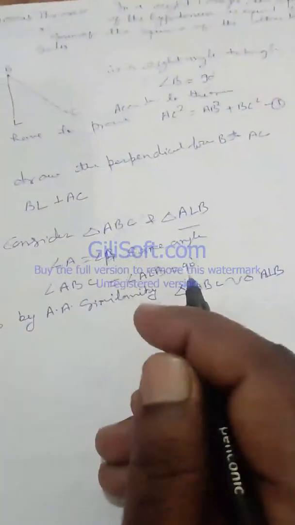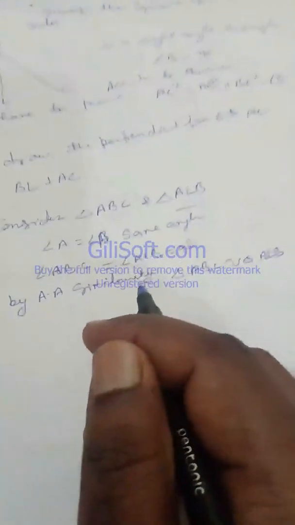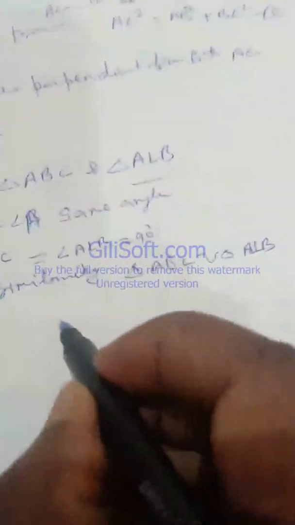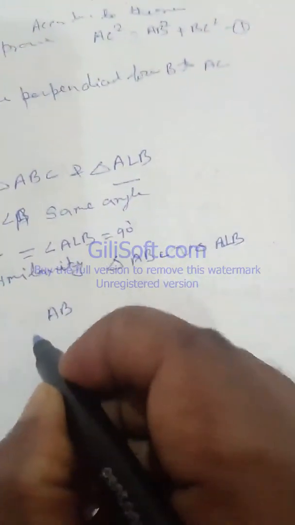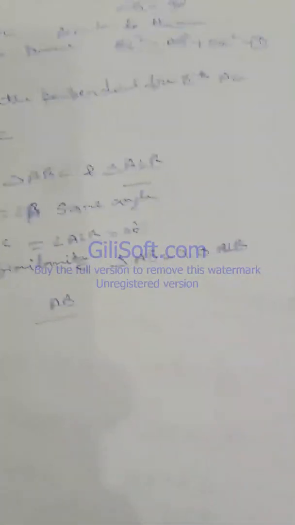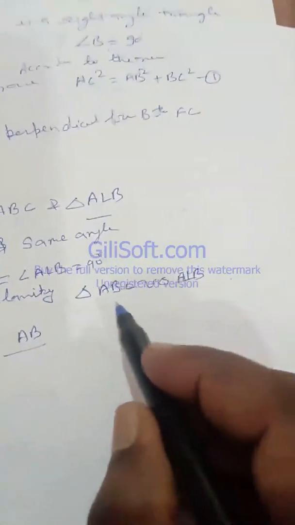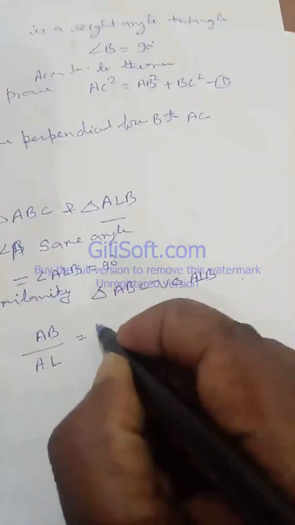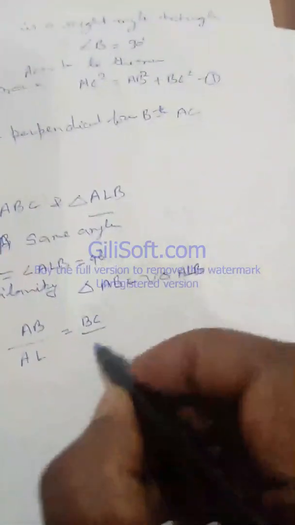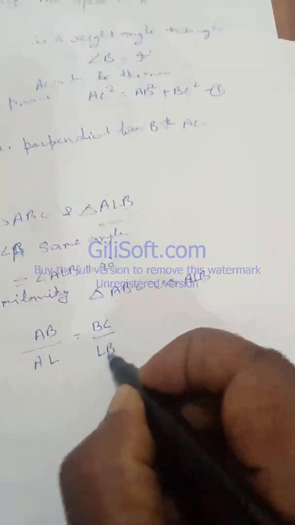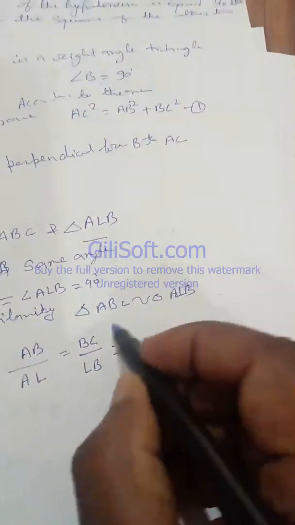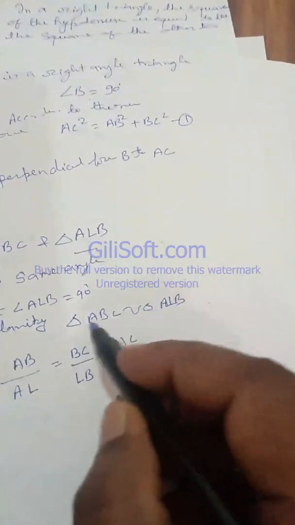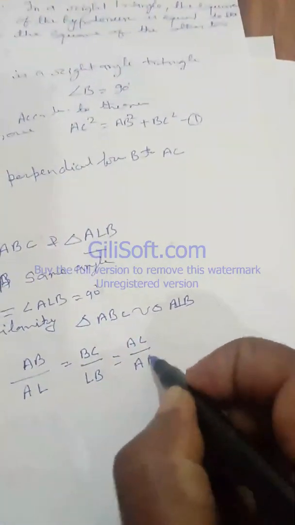Since the two triangles are similar, their corresponding sides are in the same ratio. This is the property of similar triangles. So look here, AB by AL, BC by LB, and AC by AB.